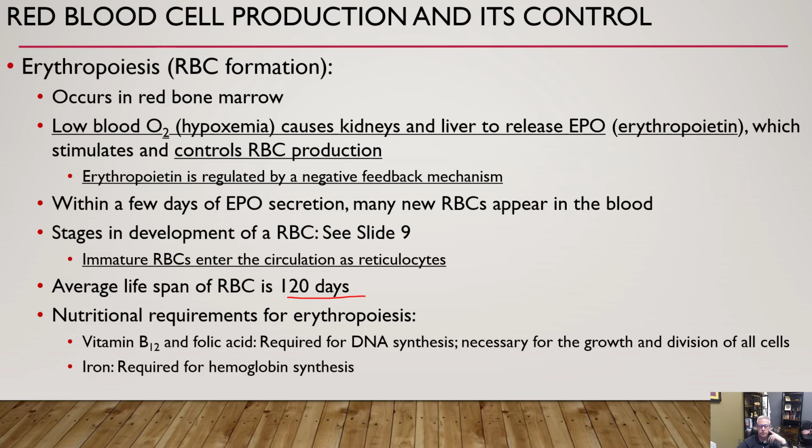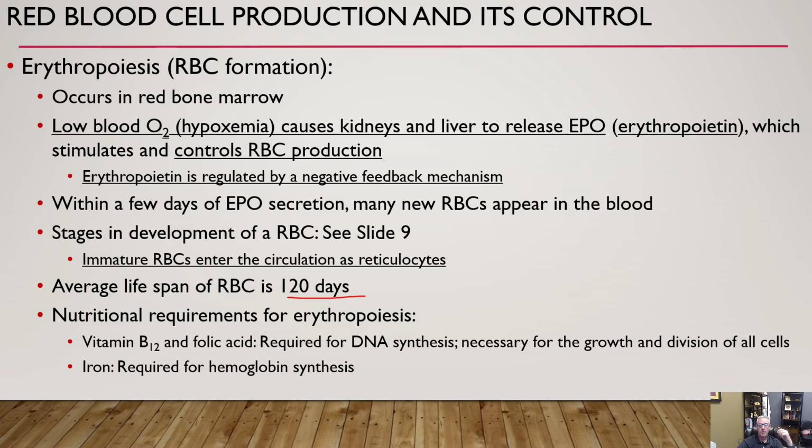So some of the nutritional requirements for erythropoiesis, remember, we are growing red blood cells. So we are going to need vitamin B12 and folic acid. We need that for DNA synthesis. We're going to need proteins, amino acids, anything necessary for growth and division of cells.